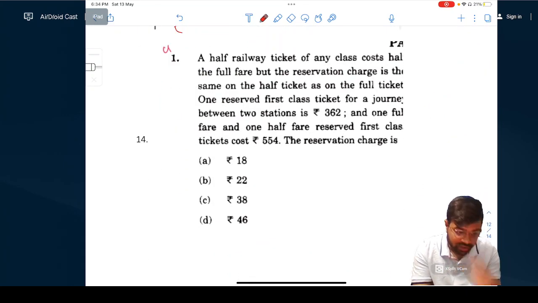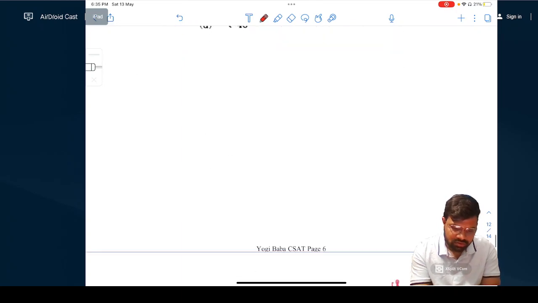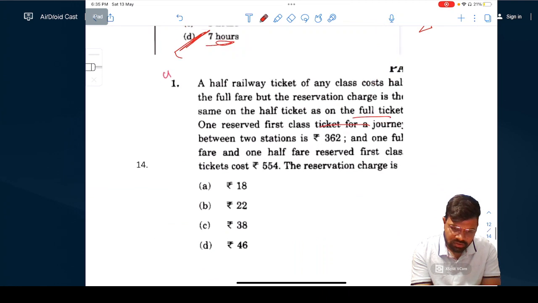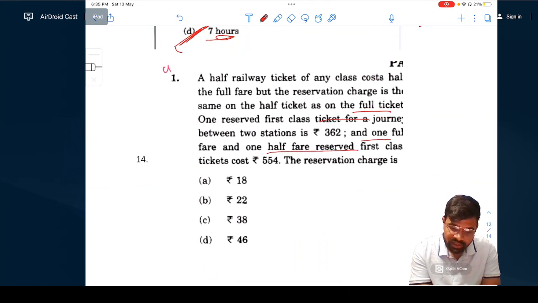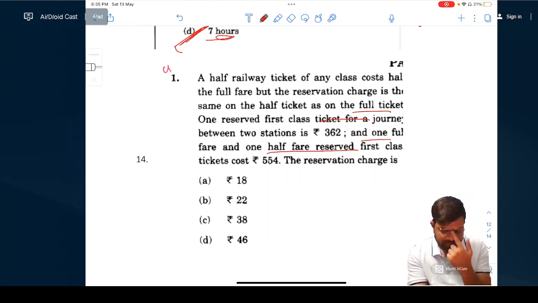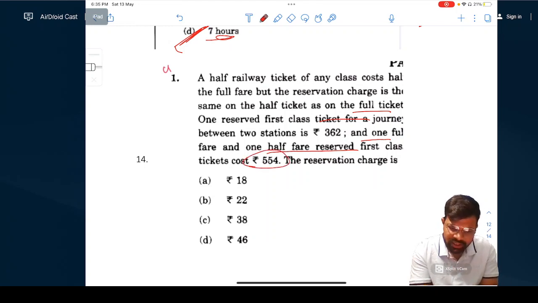Okay, now 14th question. A railway half ticket of any class costs half the full fare. Reservation charges. One full fare and half fare reserved first class cost... the reservation charge is? Okay, so this question is not related to time and work.